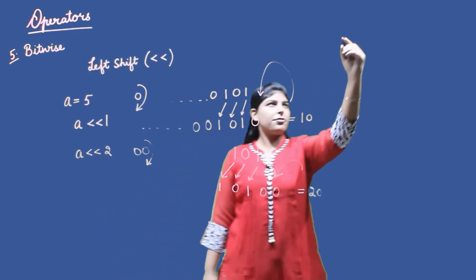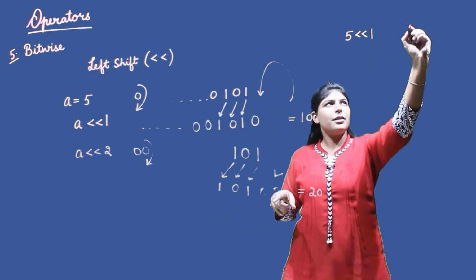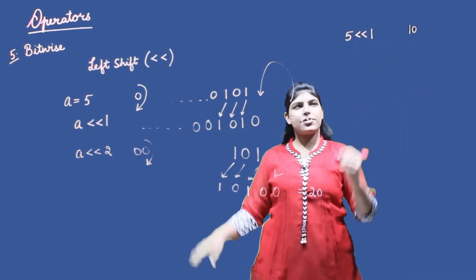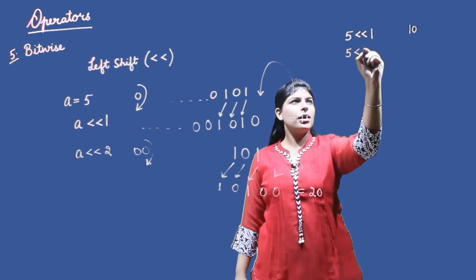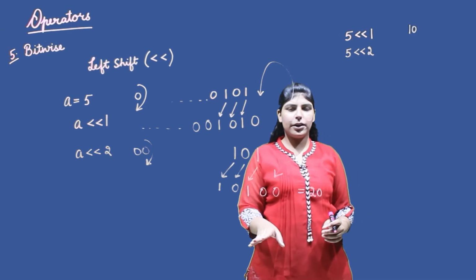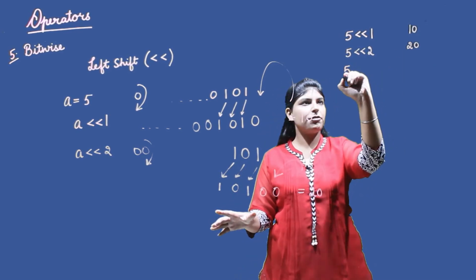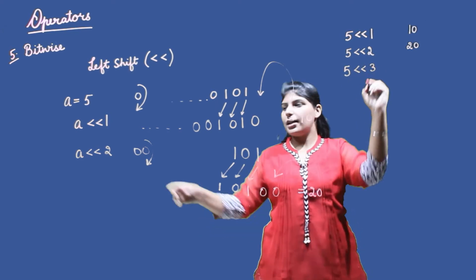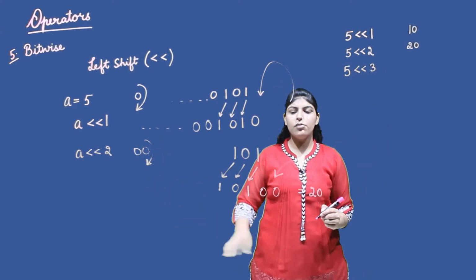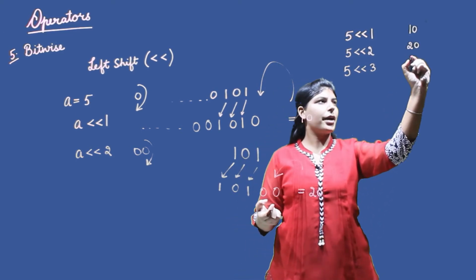So if I left shift 5 by 1, a 0 is added, it becomes 10. If I left shift 5 by 2, the leftmost 2 zeros are removed and 2 zeros are added to the right, it becomes 20. Similarly, if I left shift 5 by 3, the leftmost 3 zeros will be removed and one more 0 will be inserted at the right end. So this will become 40.